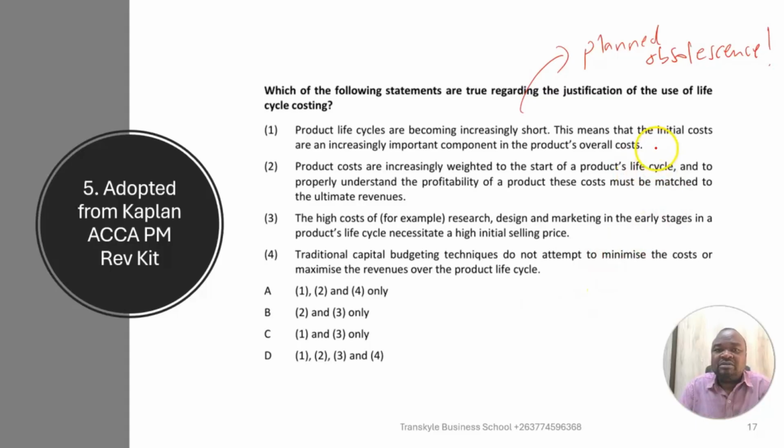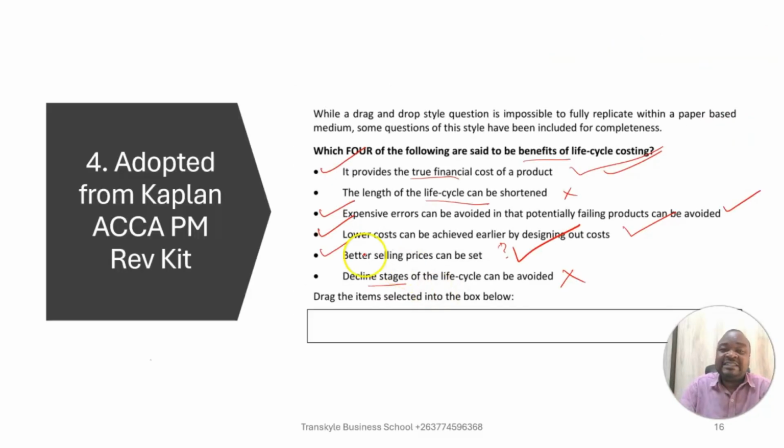So the first one here is important, but remember, we are not saying life cycle costing is important just because it will enable us to shorten the product life cycle, as in the previous question. We said that one was wrong because life cycle costing itself does not make product life cycles short, right?